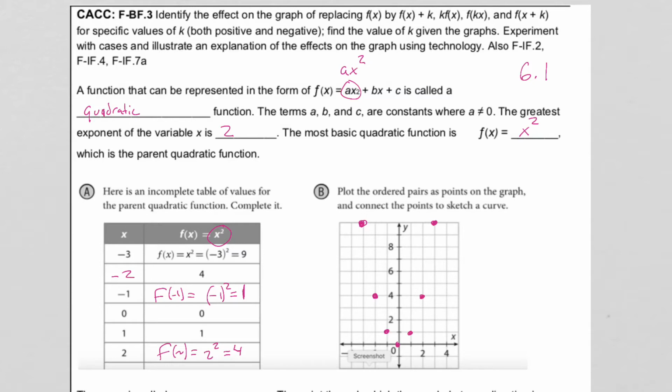The graph of a parabola is kind of like a cup or a U, if you will, and that's what this thing is called. This is called a parabola, and this is basically a quadratic function.